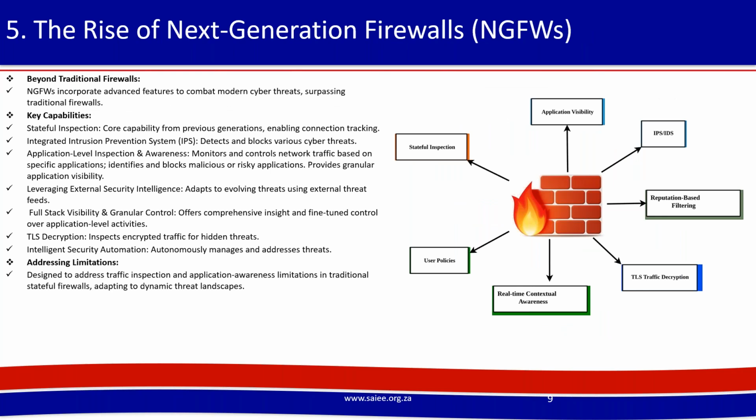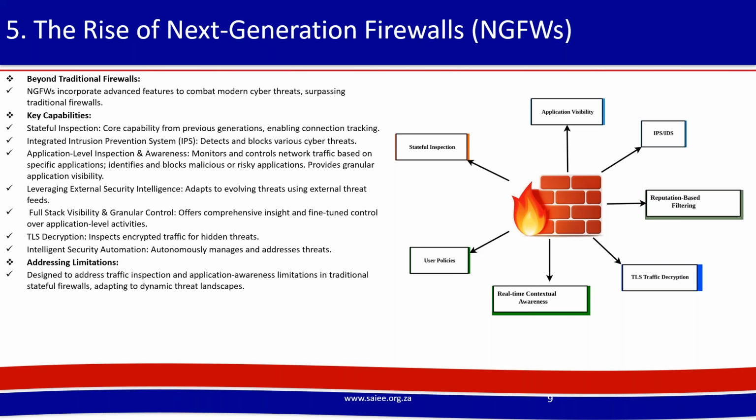Next generation firewalls represent the evolution necessary to combat today's sophisticated threats. They go far beyond what traditional firewalls could achieve, while retaining the stateful inspection capabilities. These next generation firewalls integrate a powerful intrusion prevention system, actively blocking known threats and suspicious activities.